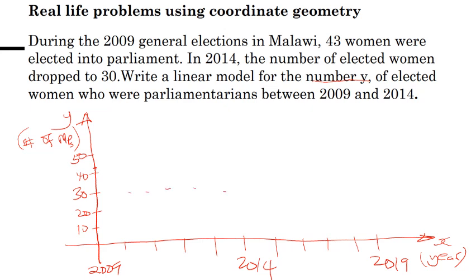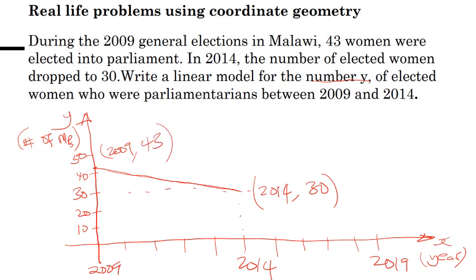So let's put up this line. We have two endpoints: 2014, comma 30, and the other endpoint is 2009, comma 43. They want you to have a model between 2009 and 2014.